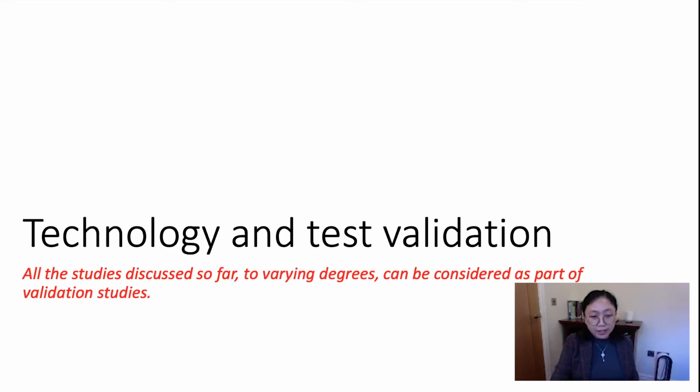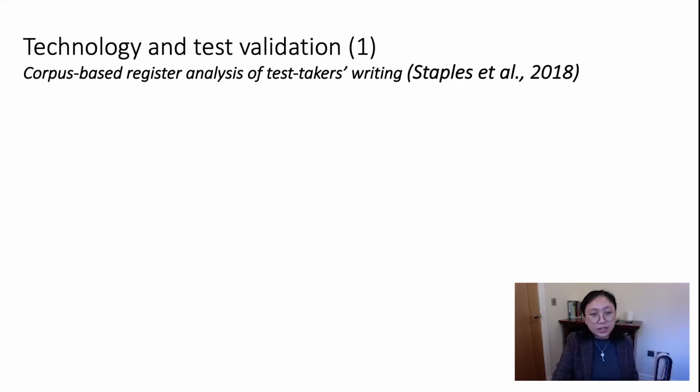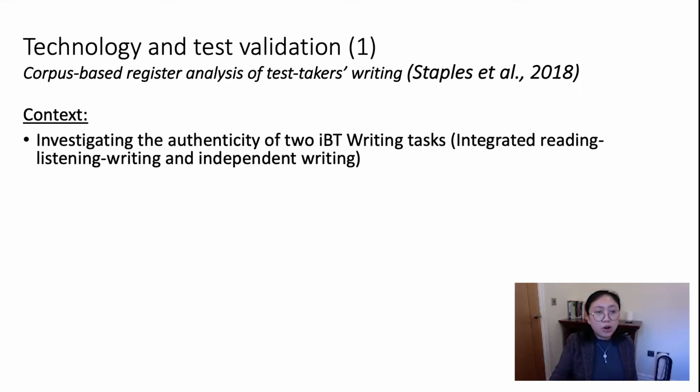But in this part, I'd like to talk about a couple of studies which are more closely related to validation. And the first is a study done by Staples et al. They used computer-based register analysis to investigate the authenticity of iBT writing tasks.